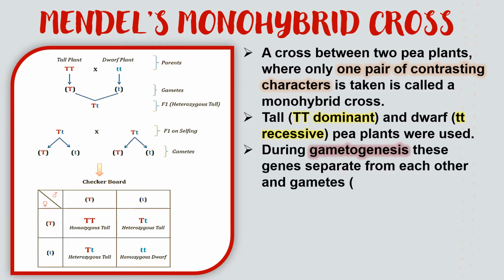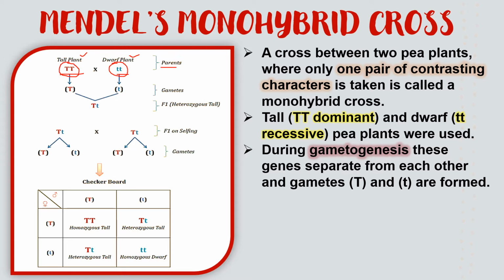During gametogenesis, these genes separate from each other and the gametes T and t are formed. Here, the parents are the tall plant and the dwarf plant, and they carry capital TT and small tt.